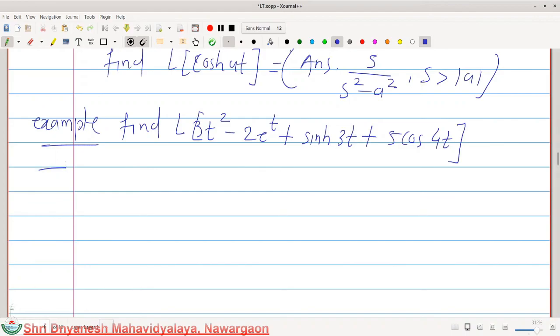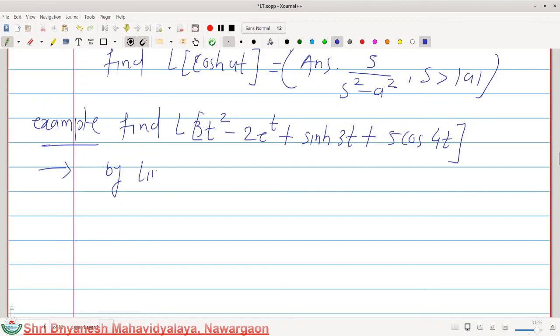If you want to try, you can pause the video or continue. So we can do that directly by using the linearity property.